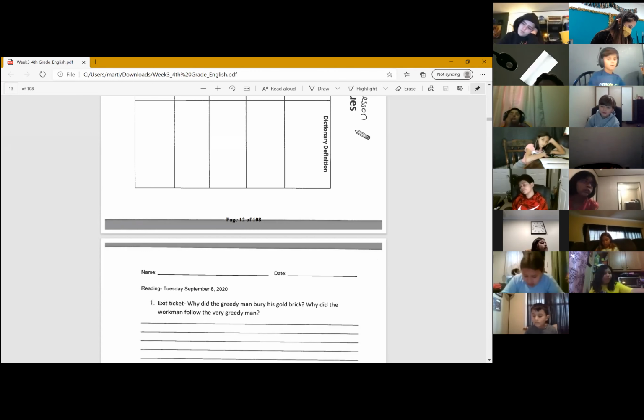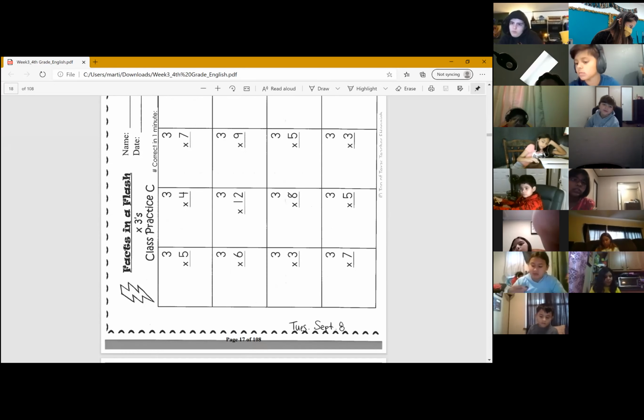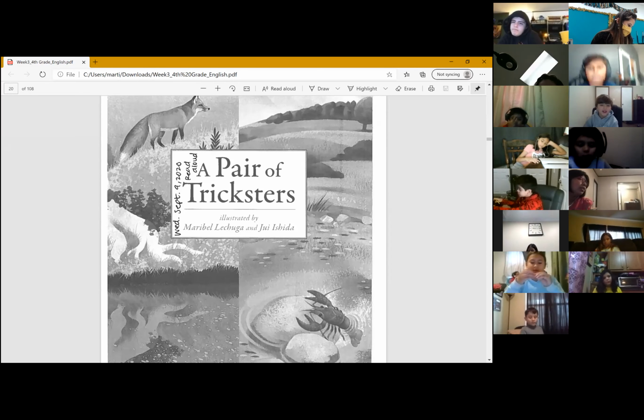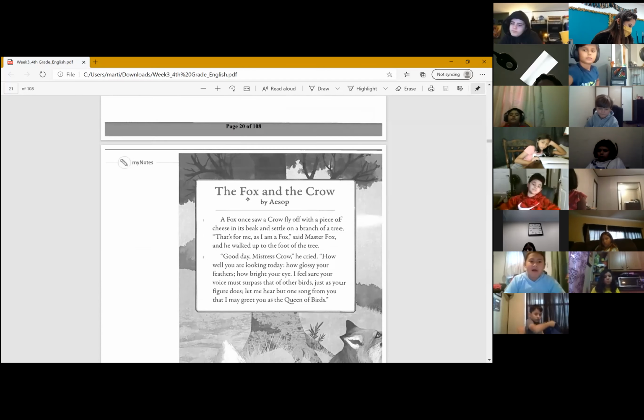And we are going to go to page 20. This is the first page, a pair of tricksters, okay? The Fox and the Crow.